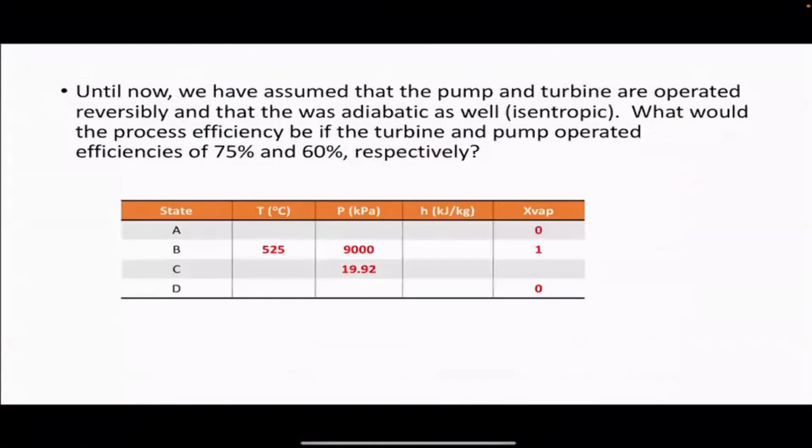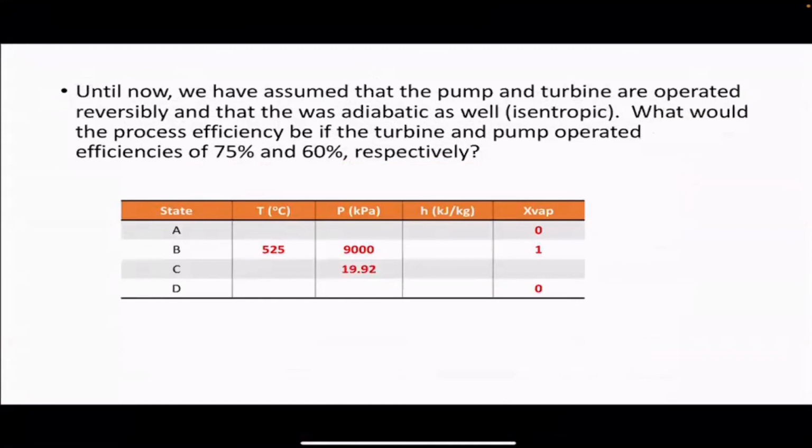So what happens if we lift those assumptions and make the problem slightly more realistic? So if the turbine is instead being operated at 75% efficiency and the pump being operated at 60% efficiency, how would this change our calculation?